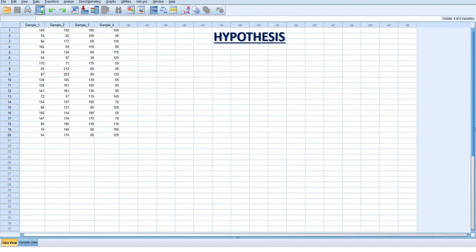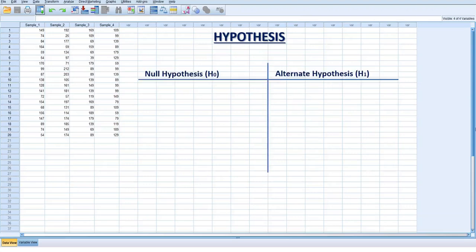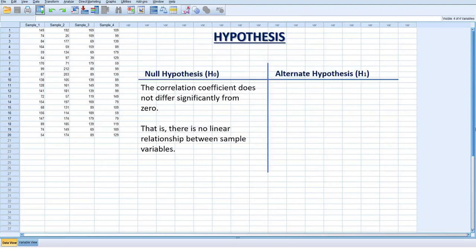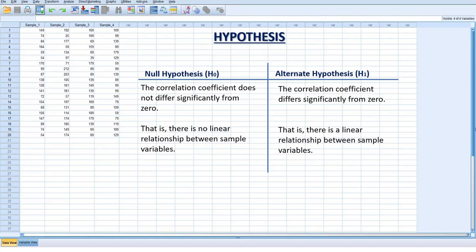So we can state the hypothesis as follows. The null hypothesis states that the correlation coefficient does not differ significantly from 0. That is, there is no linear relationship between sample variables, while the alternate hypothesis states that the correlation coefficient differs significantly from 0. That is, there is a linear relationship between sample variables.